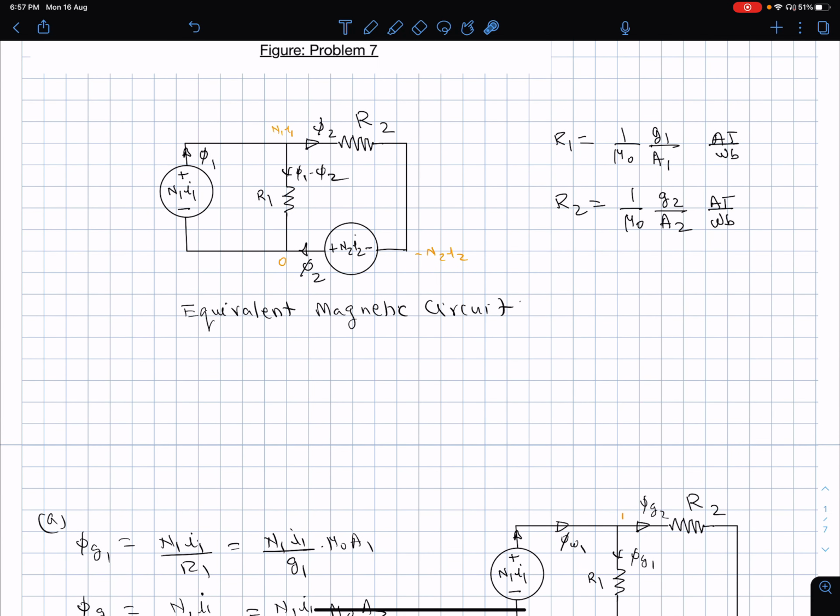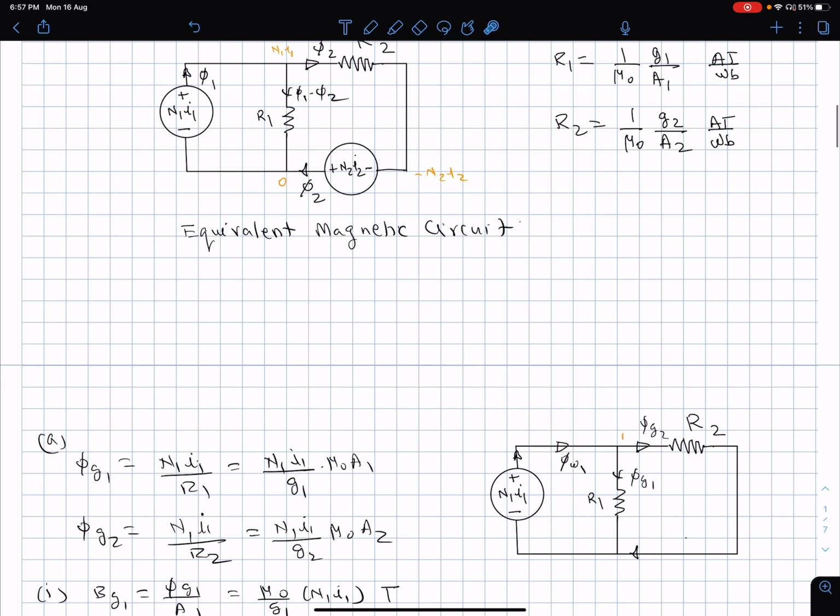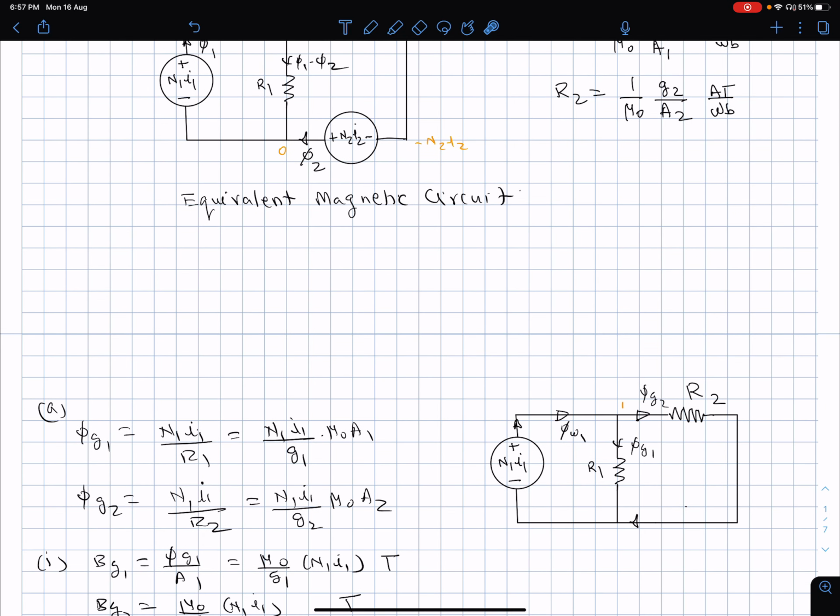Now let's come to the first part. The first part is that there is no current, I2 is set to 0. So therefore this MMF is 0, and effectively what you have is N1I1 in parallel with R1 and R2. Now these reluctances add when they are in series, and reciprocals of reluctances add when they are in parallel.